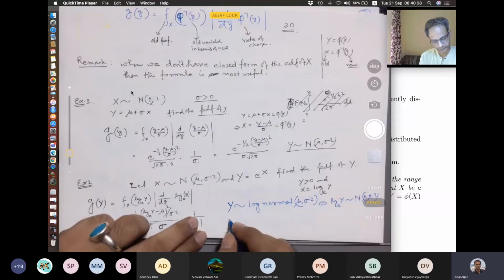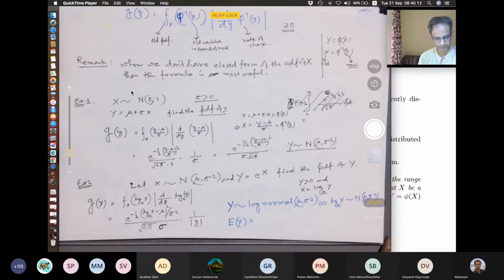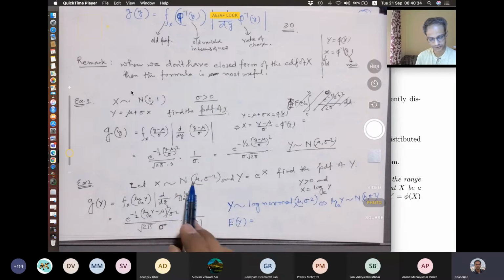Quickly, can you tell me what will be the expectation of y? X is following normal mu sigma square. Y is e to the power x.